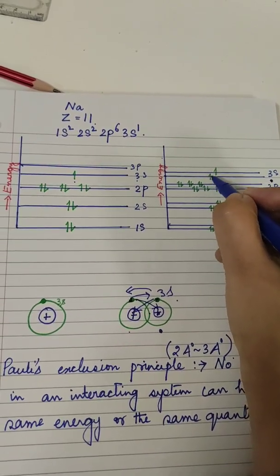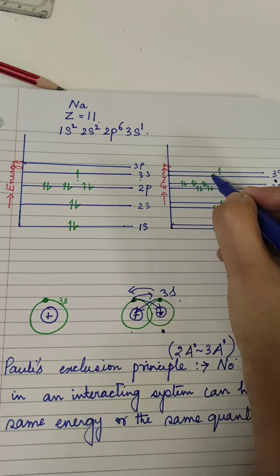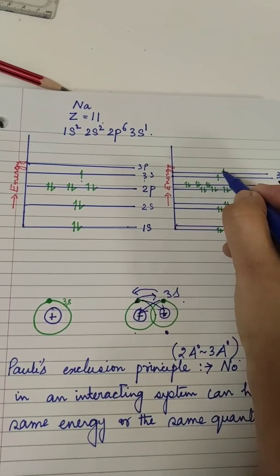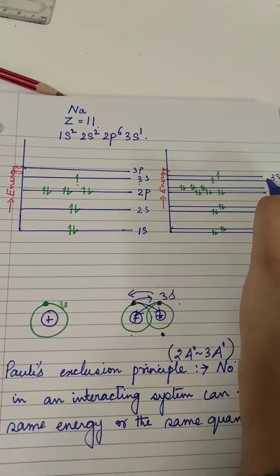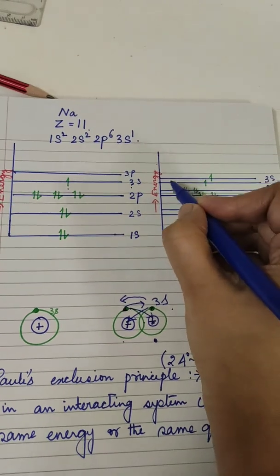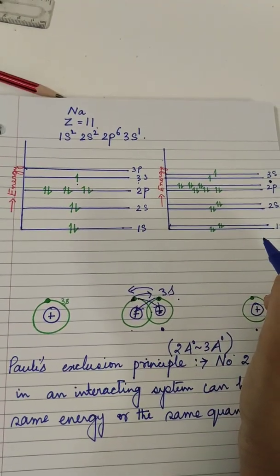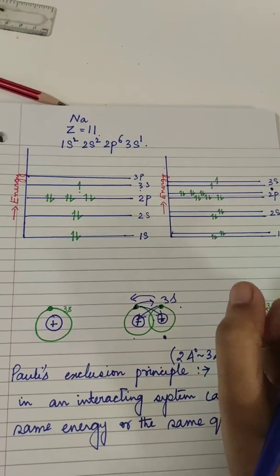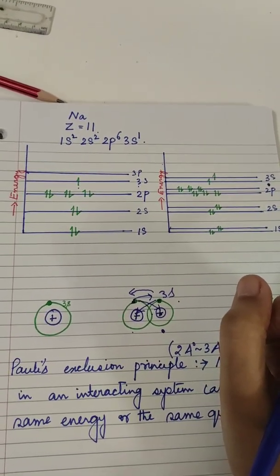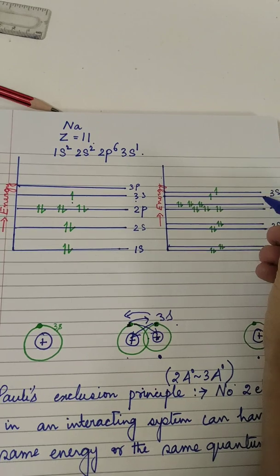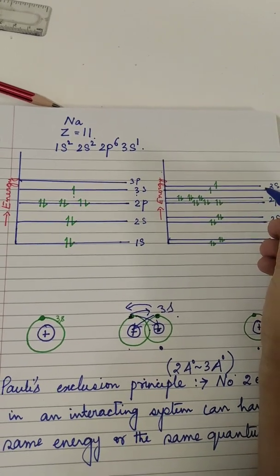You understood the meaning of splitting of the energy level. The energy of this electron is different from the energy of this electron, both being at the 3s energy level. There is splitting of this 3s energy level into two energy levels when two atoms are close together to form a molecule. So these two energy levels are actually forming a molecular orbital.